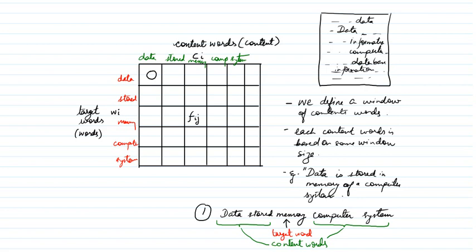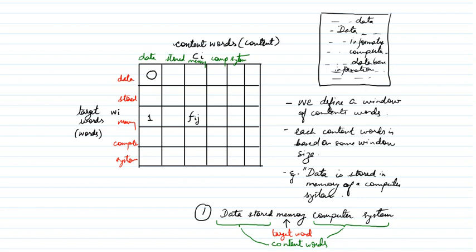Making an assumption that memory is appearing only once in this corpus, so no other words will be context if memory appears only once. Data is the context of word memory. Memory is the target word, data is the context, it appears only once here, right?